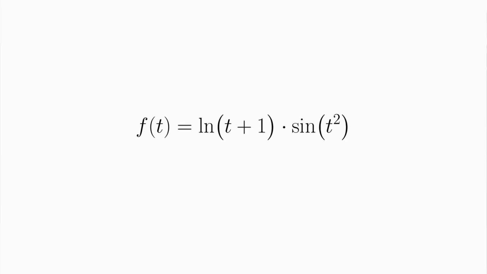You define a function in basically the same way you define any symbolic expression in Sage. So suppose that we have a function that looks like this. Here ln stands for the natural logarithm. The first thing we need to do in order to define this function is to declare the variable t which appears in this function. We learned how to do it in the previous video.